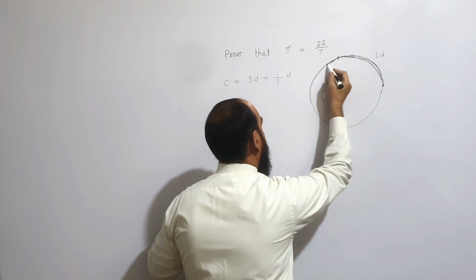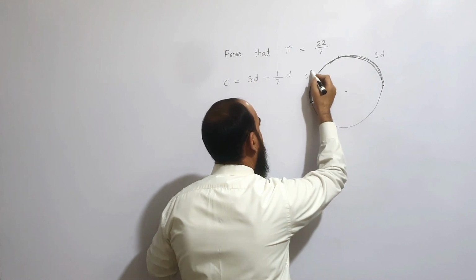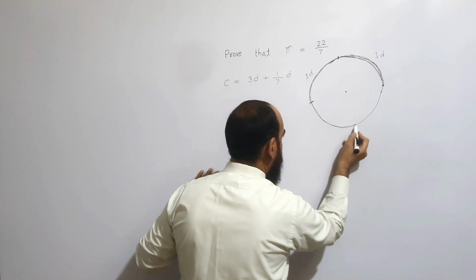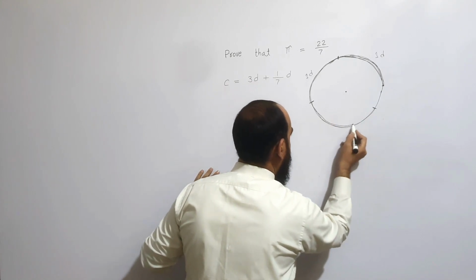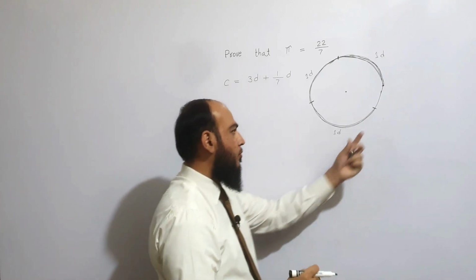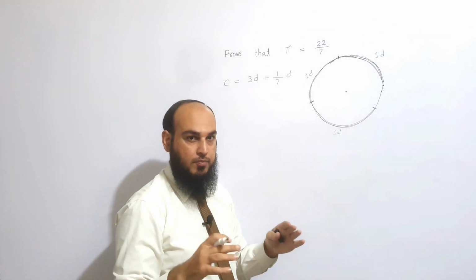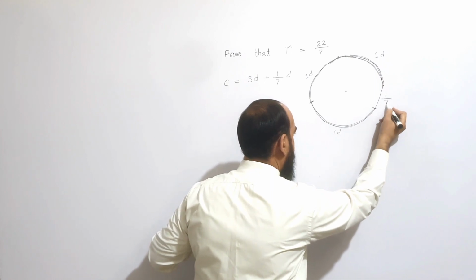For example, here is the second diameter, and 1 more diameter, and move from here to this point, another diameter. And here a small portion is left, that is the 7th portion of the 1 diameter. Okay, this is known as 1 over 7 diameter.